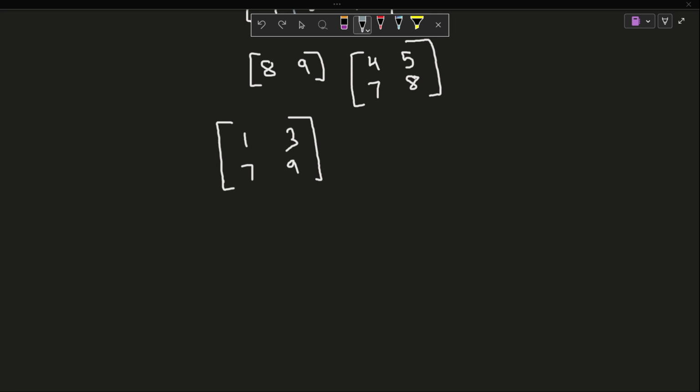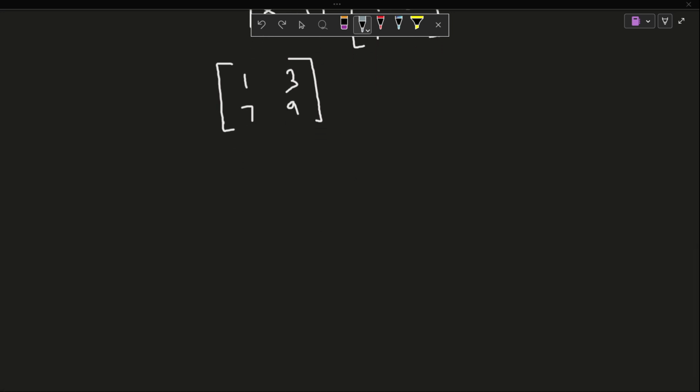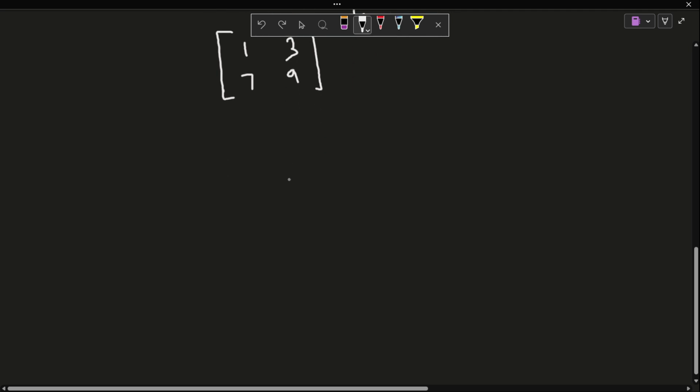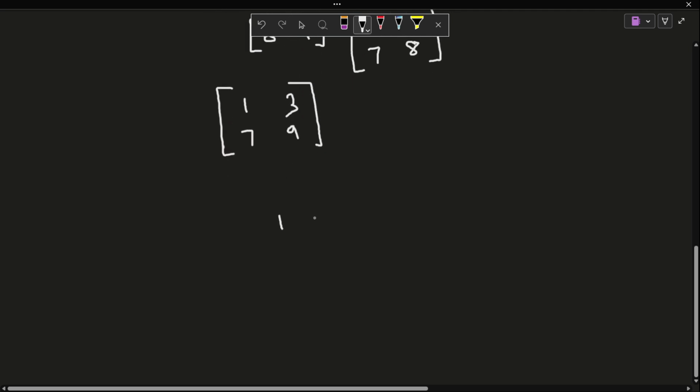One other thing to note is row-reduced forms of matrices, which are very important for linear equations, or rather simultaneous linear equations. Row-reduced is basically whenever we have something like 1, 2, 3, 1, 5, 1, 4, 5, and then we have zeros here.